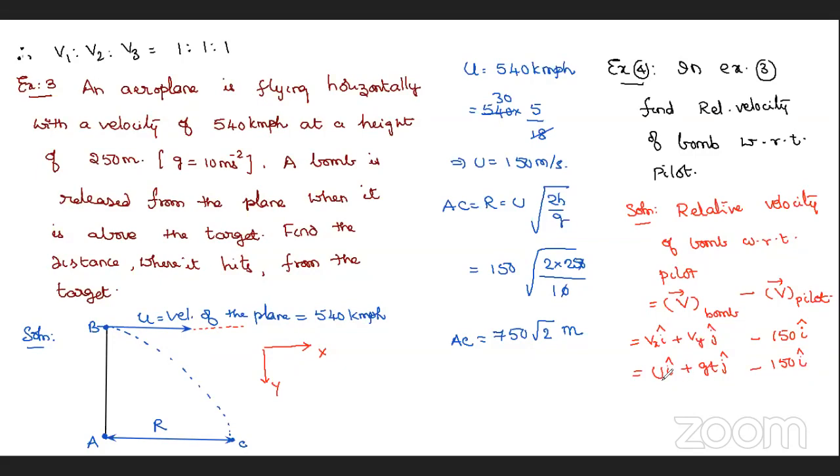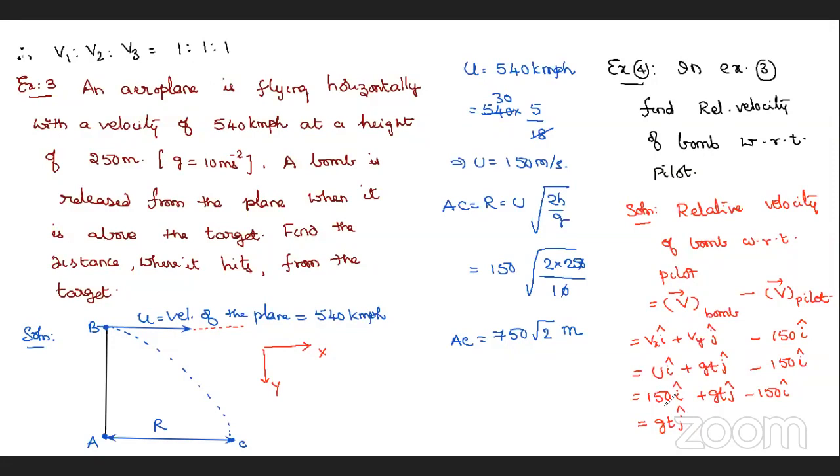Here U is 150 only, so 150 i cap plus gt j cap minus 150 i cap. The 150 i cap terms cancel, and this equals simply gt j cap.